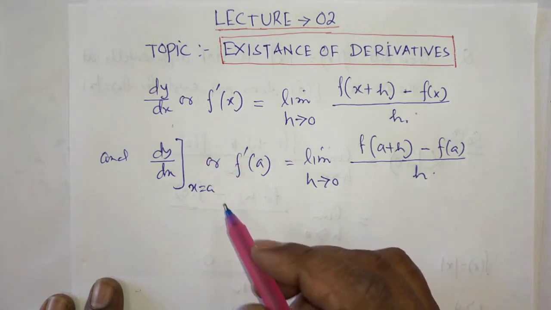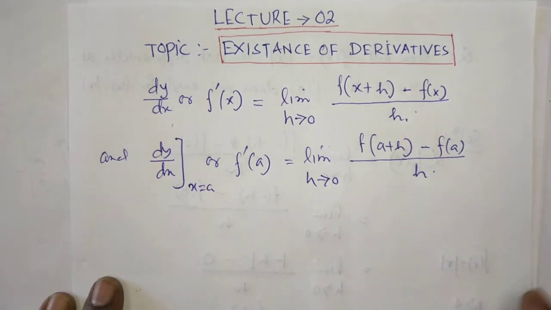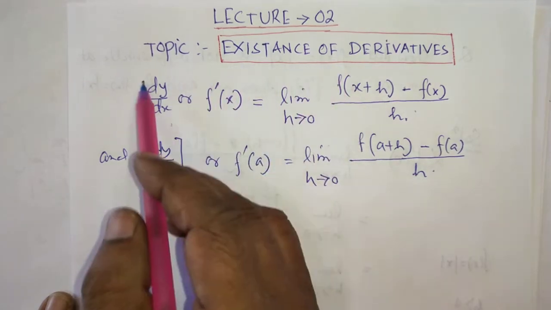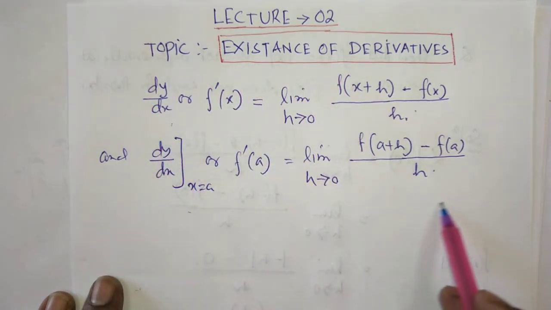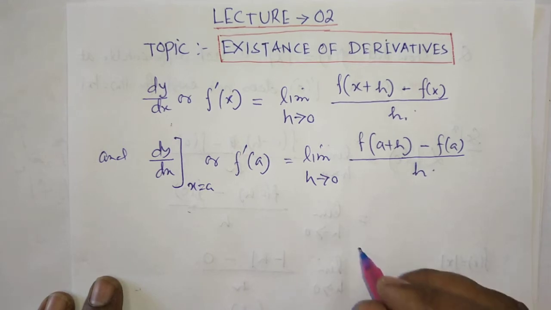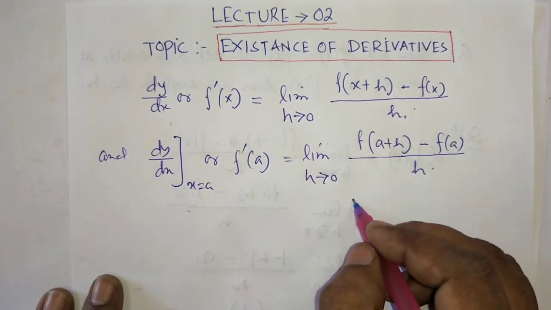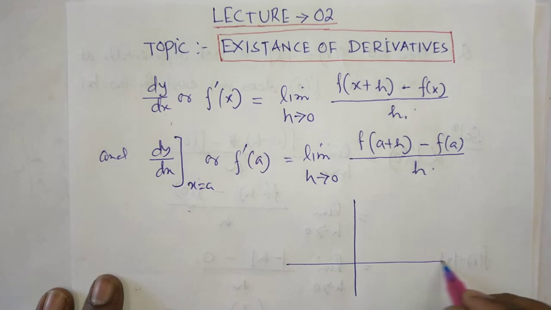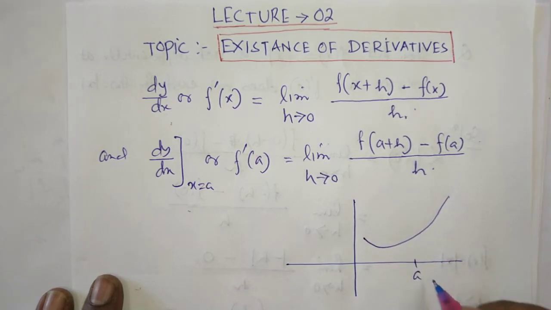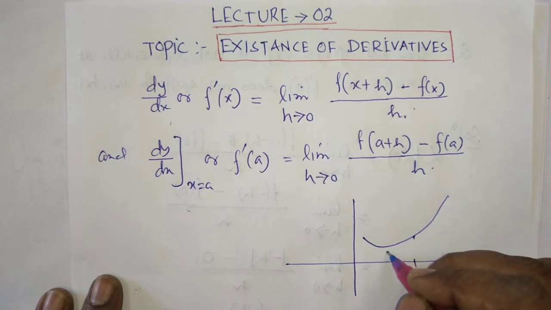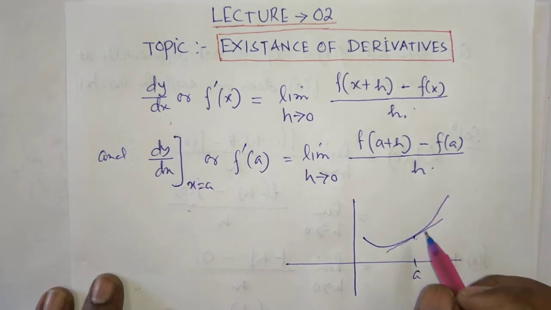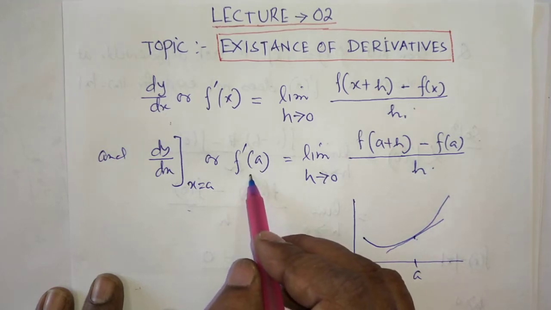Okay. Similarly, this is the derivative of a function at any point on the curve, and this is the definition of the derivative of a function at a particular point. For example, suppose that this is your graph, and suppose a is a point in the domain. Then if you draw a tangent here, that means if the tangent exists, f dash a exists.